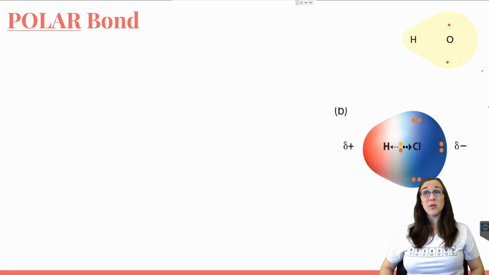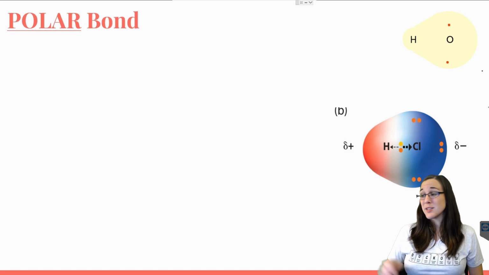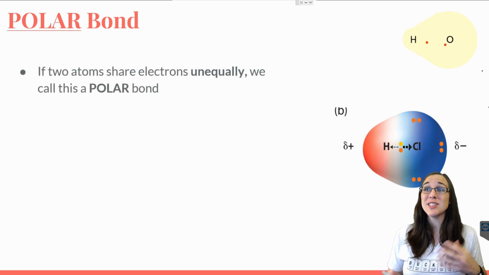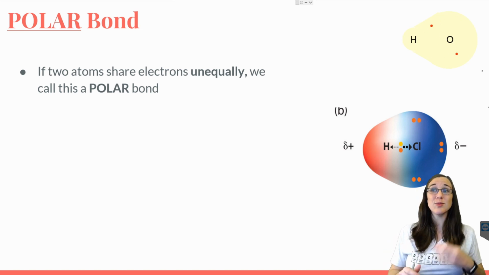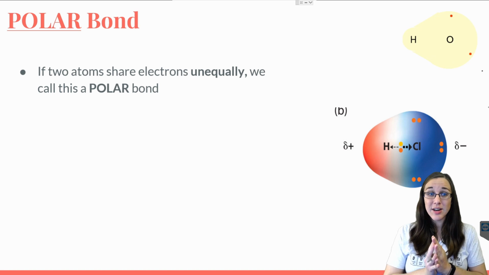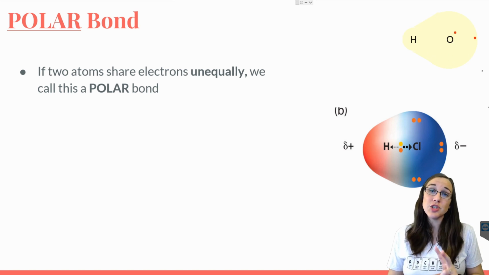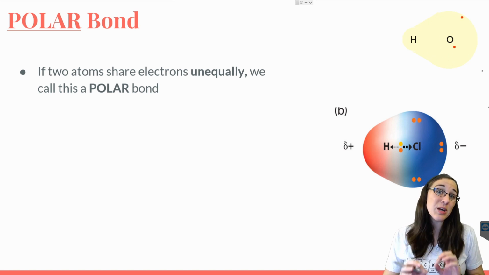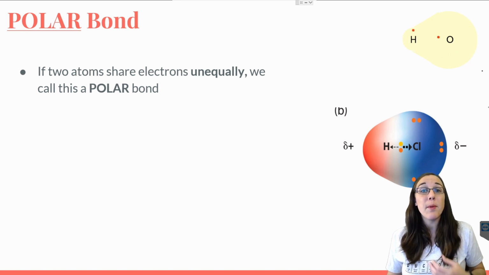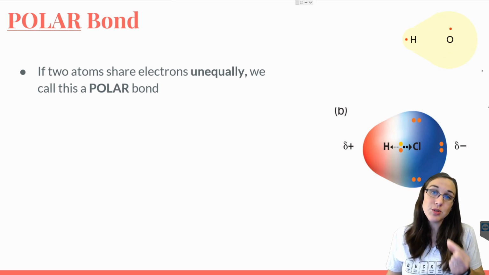So then what is a polar bond? A polar bond is when we take two different electronegative atoms, just as we've compared those two different groups, who was more and who was less, and we stick those two atoms together. And if those two atoms share electrons unequally, there's an unequal tug of war, like between a Chihuahua and Schwarzenegger, we would call that a polar bond between those two atoms.